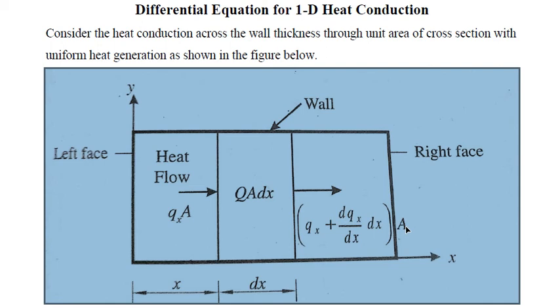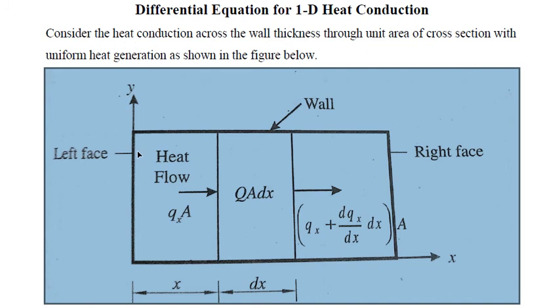Let us consider unit area, and if it is a unit area of negligible thickness, this becomes a 2D structure, but the heat is flowing in only one direction. So analysis is 1D.